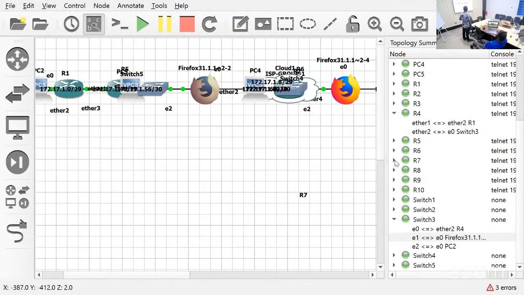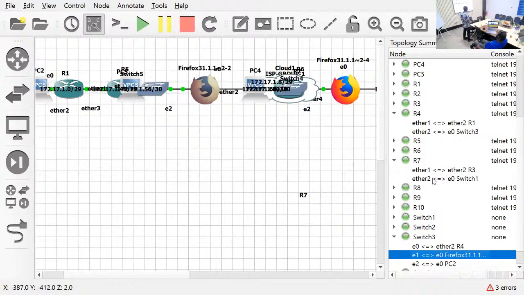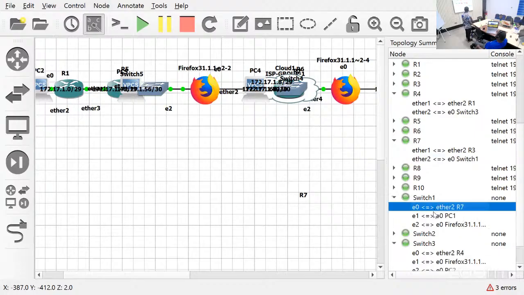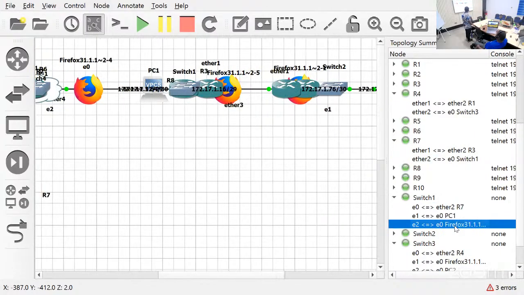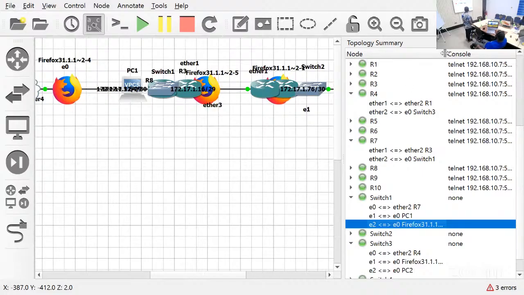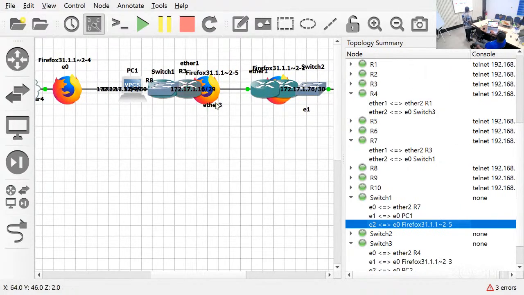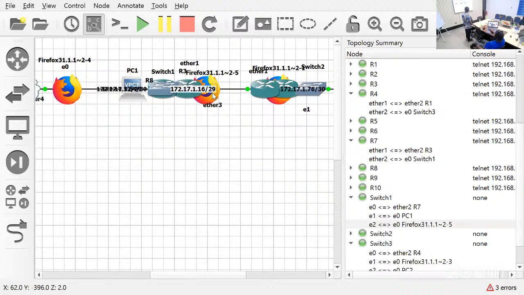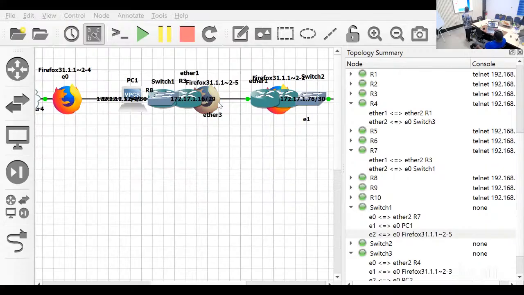Yes, R7 also. On R7, your data2 goes to switch 1. Okay, the switch 1 goes to this Firefox. All right, so you have 7 more minutes. Same thing, right? One.com?